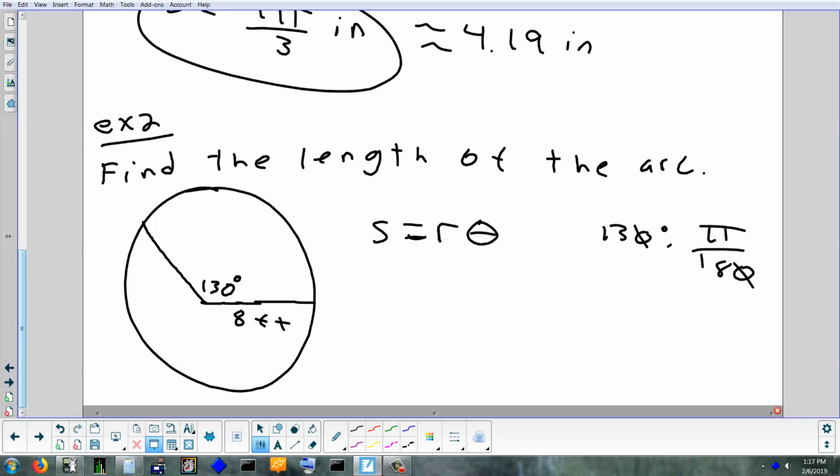Okay, there's your angle. So let's fill in our angle. 13 pi over 18. And now, Mike, what's my radius? 8. If we want to make it a fraction, you could just put 8 over 1.